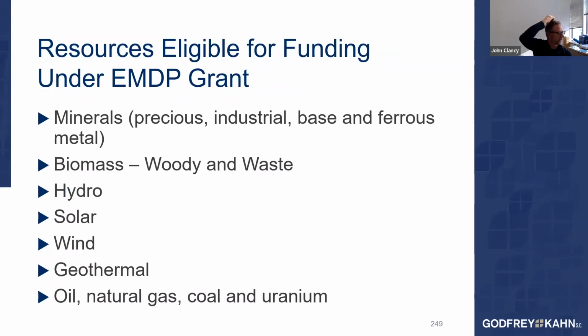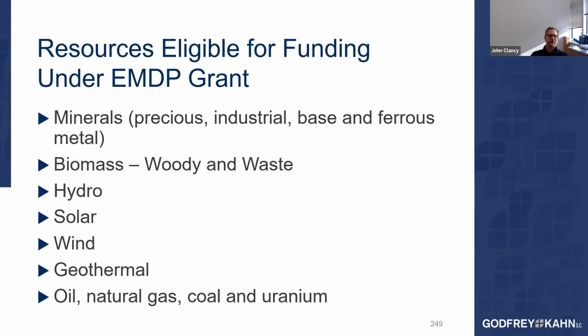And so this grant provides funding for looking at and developing a wide range of energy types as well as mineral types. So it can be any kind of minerals. It could be precious metals, industrial minerals, ferrous metals, other metals too.